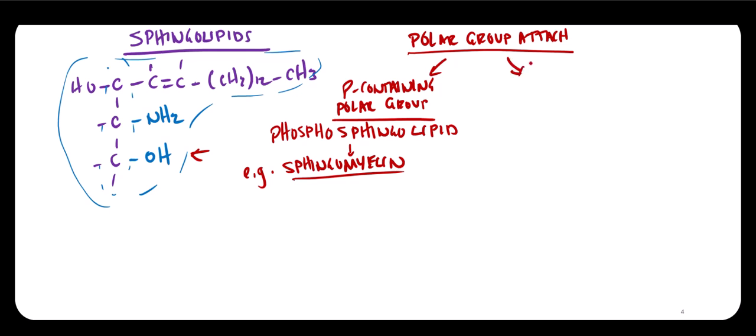Or, let's say, I guess we'll stay with our polar group color. Let's say our polar group is a carbohydrate-containing polar group. So if a carbohydrate is part of it, this is going to be a glycosphingolipid.